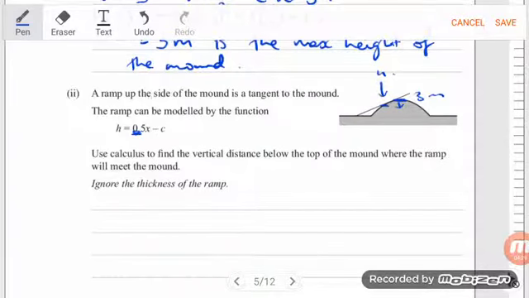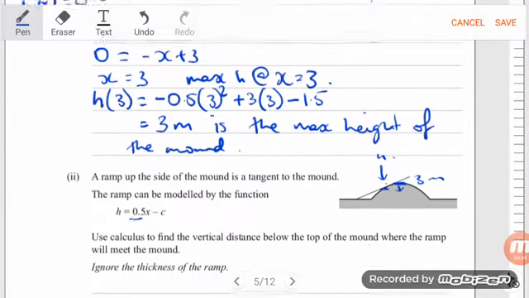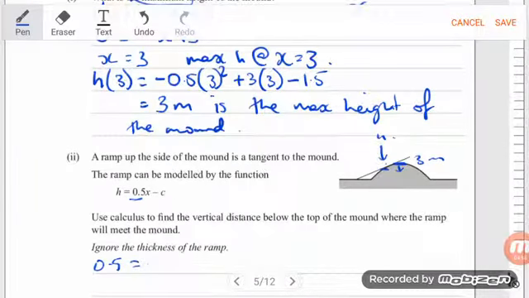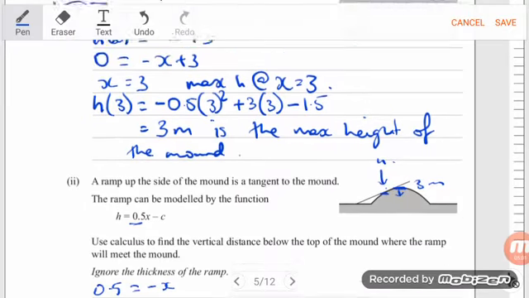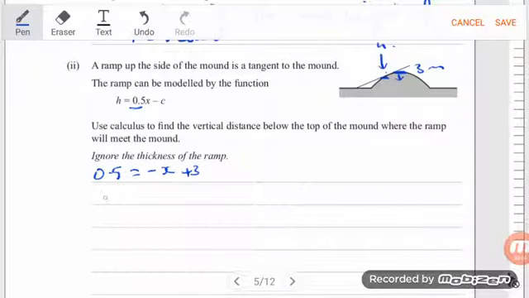All we know is that the gradient is given here, and the gradient of the tangent must be equal to the gradient of the curve at the same point where it meets. So because of this, what we can do is plug the gradient into the gradient equation. So we've got, that's a positive 0.5 is equal to negative x plus 3. So that means where it meets, x is equal to 2.5.